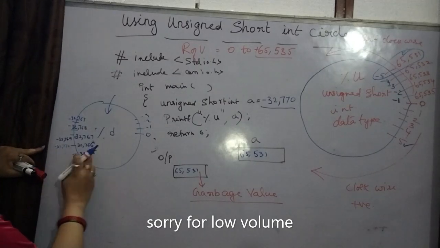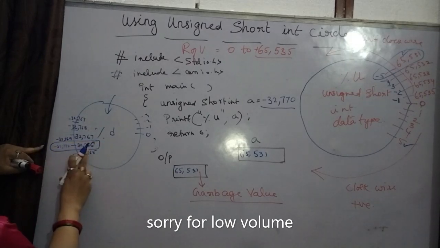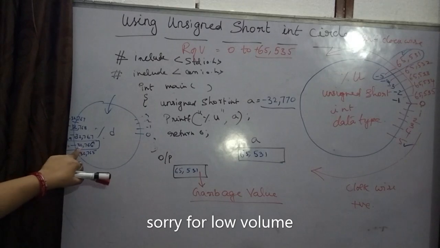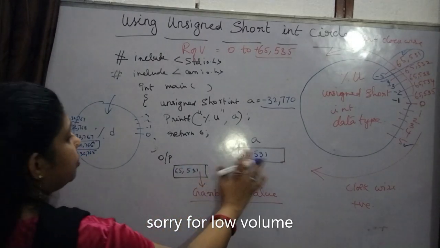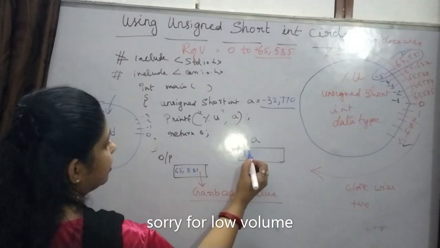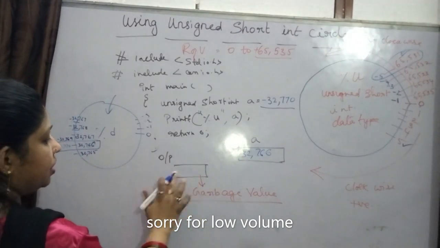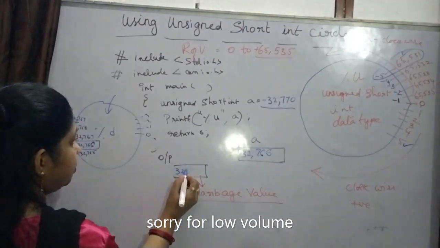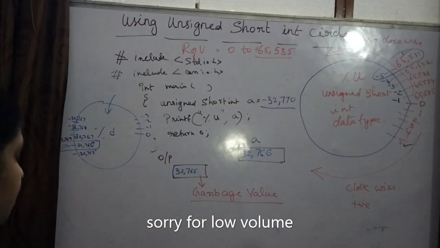The moment it sees this here, it will think that this value is equal to this value, and it's going to print this value. Which value is it going to print? 32,766. So again, the value which the output gives is 32,766, and this is the garbage value.